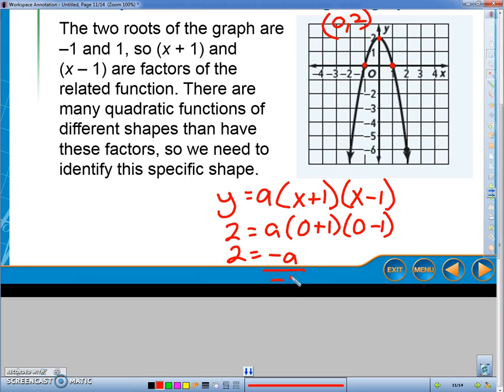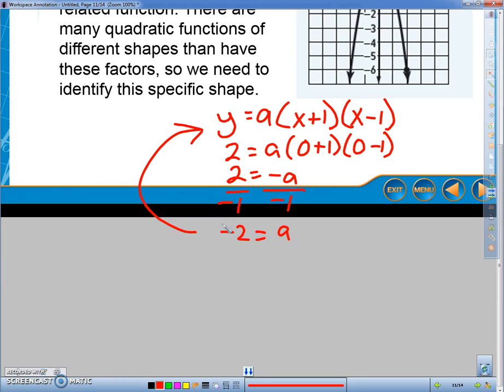I'm going to divide by -1, and I get a equals -2. You might not understand what I just did, but you got this a equal to -2. Well, let's go back to the first line, and instead of putting stuff in for x and y, let's put a -2 in for a and see what we get.